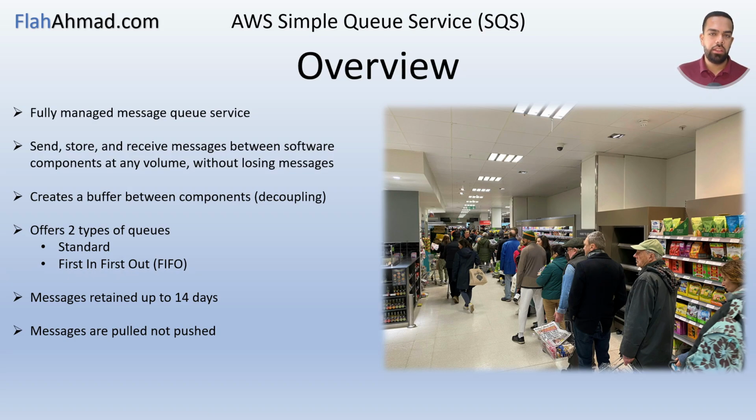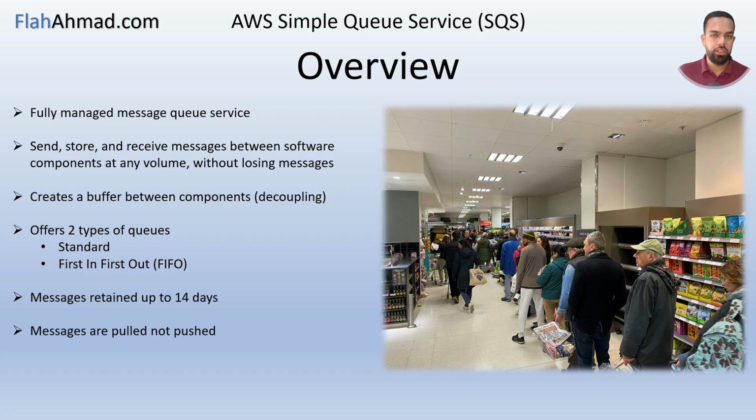You can send and receive messages from SQS queues at any volume, while the service ensures that your messages are not lost due to hardware failures. You can store your messages for up to 14 days in a queue. You use queues to decouple components and systems, and create a more resilient architecture that scales.